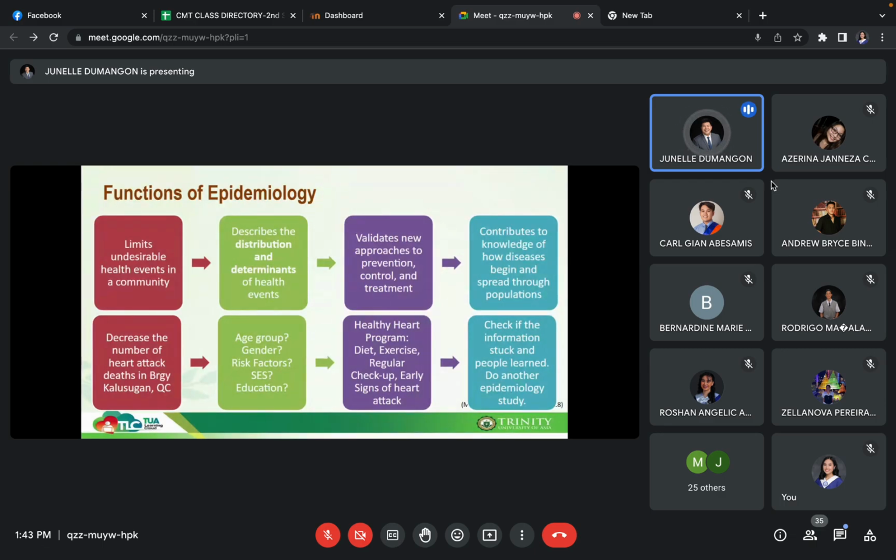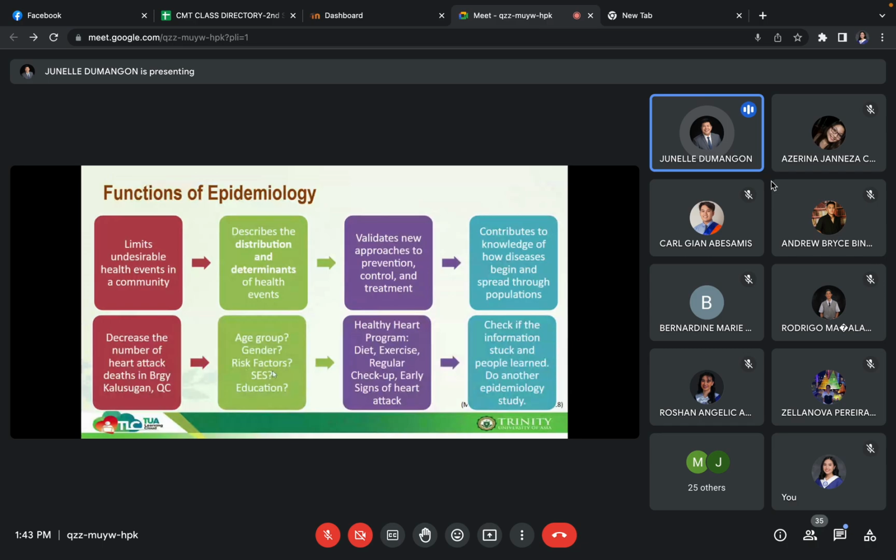Sa 40 to 50 years old ba siya? 50 to 60? 60 and above? So we want to determine the distribution of the disease. So age group. Is it more common among males or females? So bibilangin natin ilan ba yung namatay sa heart attack. Is it more females? Is it more males? So we'll count it off.